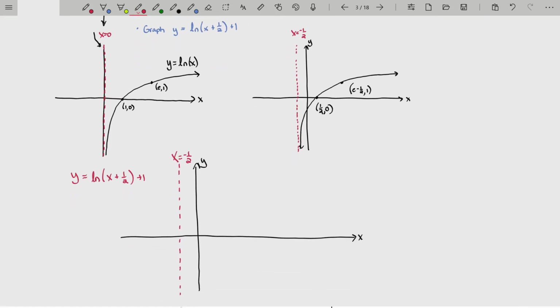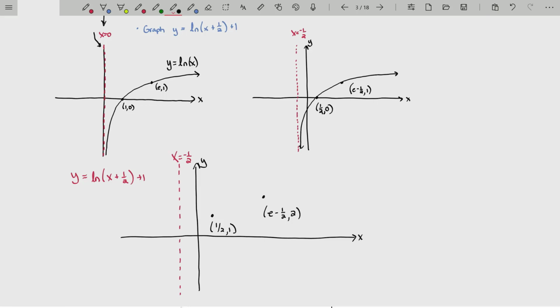So instead of going through 1/2 comma 0, it's going to go through 1/2 comma 1. I'll just park it right there. And instead of going through e minus 1/2 comma 1, it's going through e minus 1/2 comma 2.